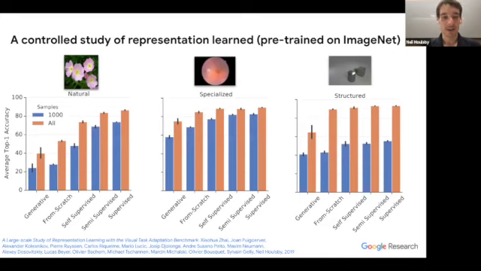To set the stage, I will briefly discuss the high-level outcomes of a study that we did a couple of years ago. There are lots of details, but to review the main message: this was a controlled study of many different representation learning algorithms, all trained on the same dataset, ImageNet, and evaluated on these 19 Visual Task Adaptation Benchmark tasks, looking at different buckets.